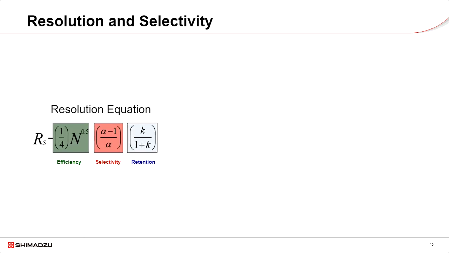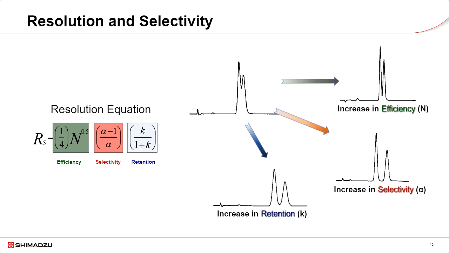Let's take a quick look at resolution. And I promise this is the only mathematical equation I'm going to show in this webinar. But if we look at resolution, it's made up of 3 equal parts: efficiency, selectivity, and retention. Each of those components can be affected by modifying different aspects of our run.